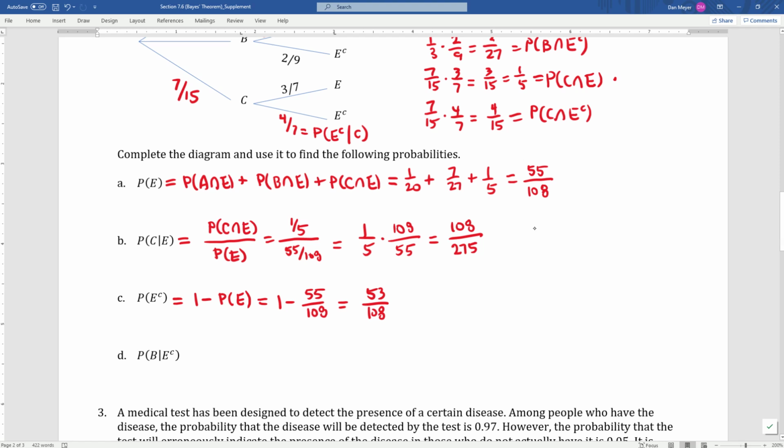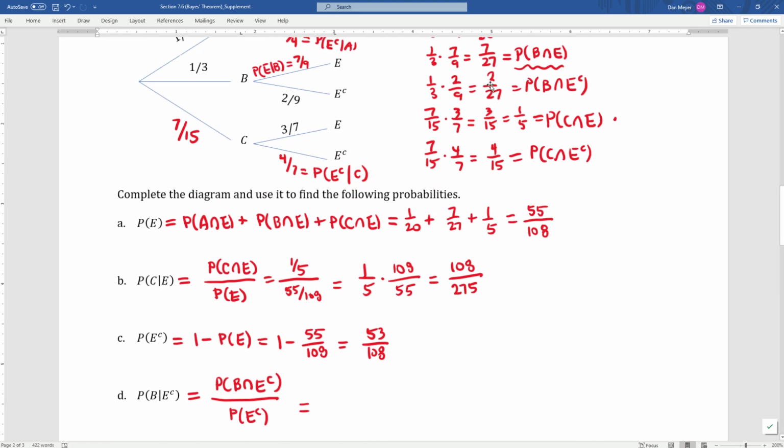And we can use that when we go to find the probability of B given E complement using the conditional probability formula. That would be the probability that B and E complement happens divided by the probability of E complement. B and E complement, that was 2/27ths from up here.